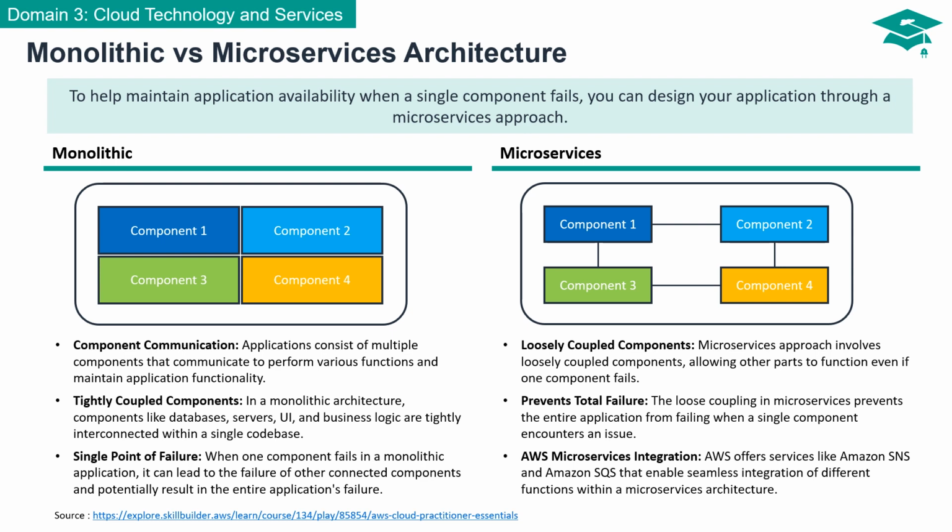So, how does AWS fit into this microservices paradigm? Well, AWS provides services like Amazon SNS and Amazon SQS, offering seamless integration of different functions within a microservices architecture. These tools enable you to build resilient and scalable applications by leveraging the power of microservices.